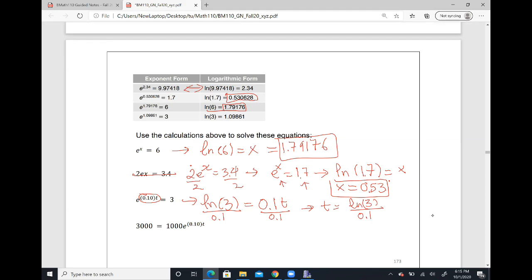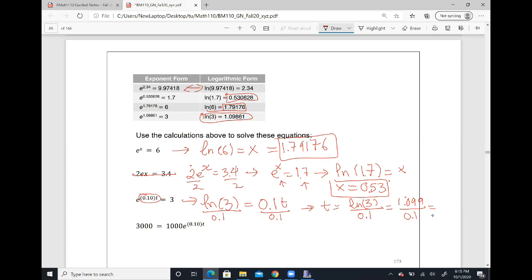What is ln of 3? Is this guy. No, sorry, it is 1.099, to 3 decimal places, and then divide by 0.1.